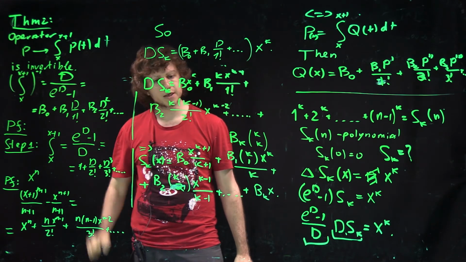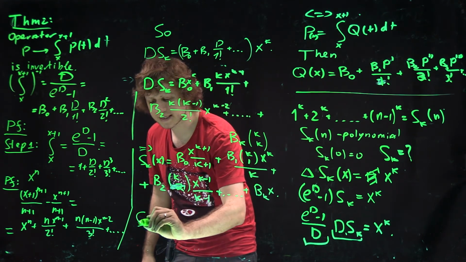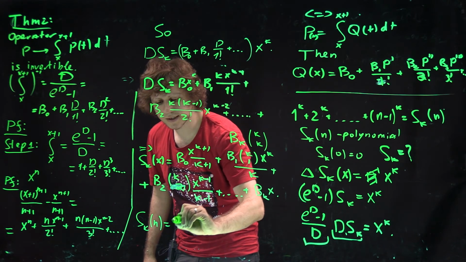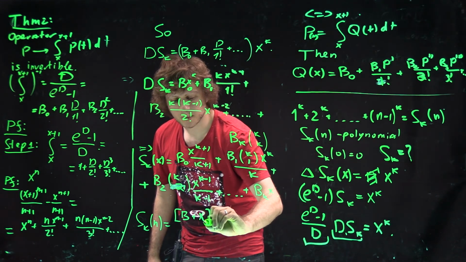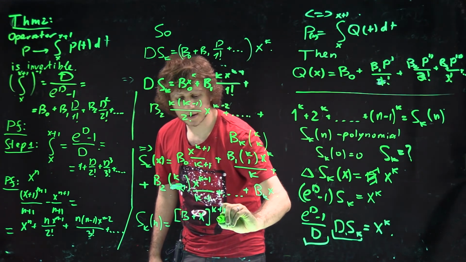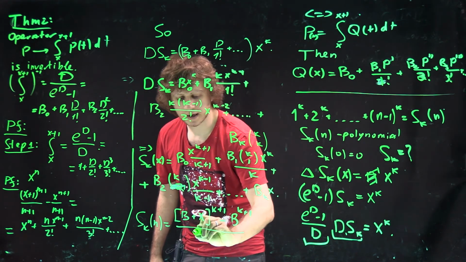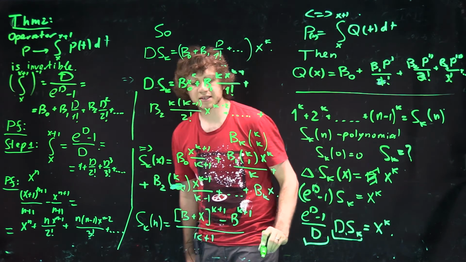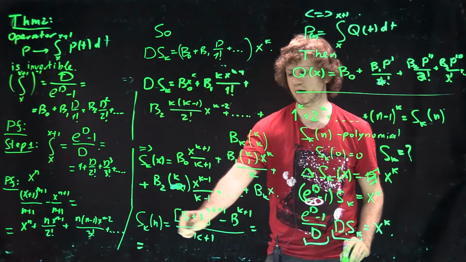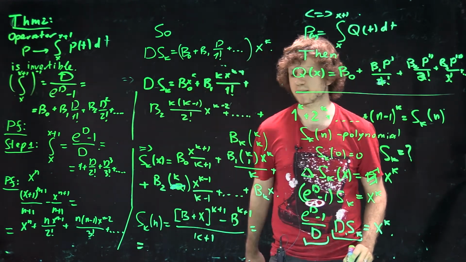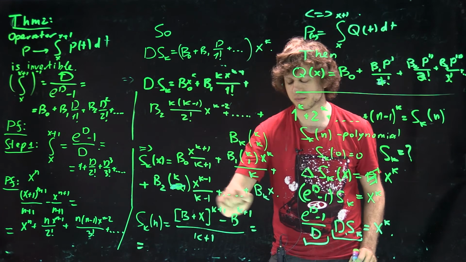Let me maybe formulate it in a slightly different way. So there is the following mnemonic formula. sk of n is equal to b plus x power k plus 1 minus b power k plus 1, divided by k plus 1. And that doesn't make any sense. So what you do here is you write down your binomial formula for b plus x power k plus 1. Instead of every power of b, you just take the corresponding Bernoulli number.